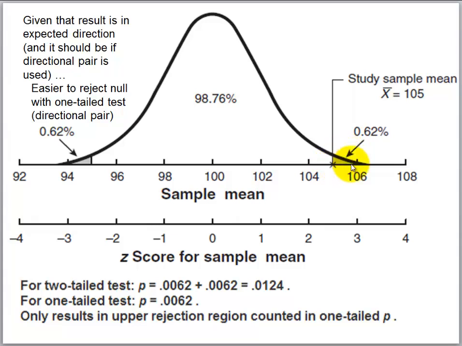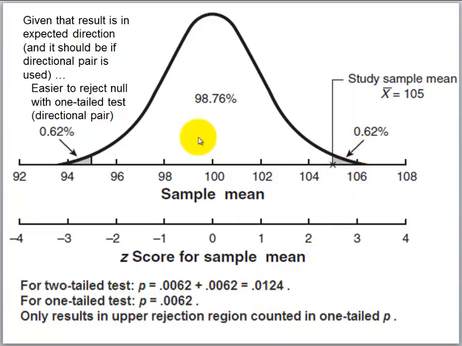So here's our study sample result. We have 0.62% that are more extreme in the positive direction, and then here's another 0.62% in the negative direction that are just as extreme. So when you calculate the p for the two-tailed test, the p comes to 0.0124.